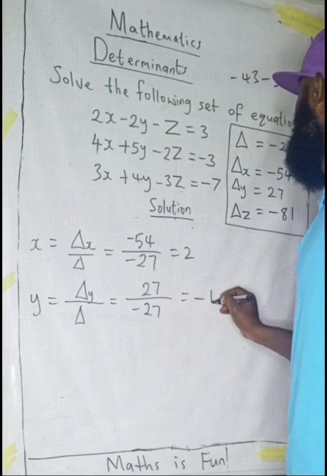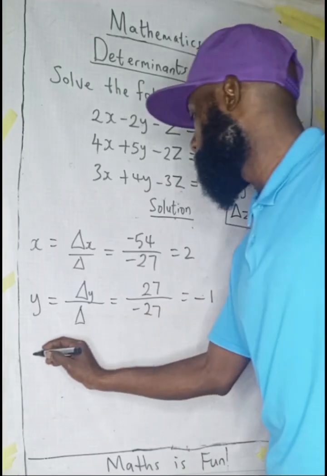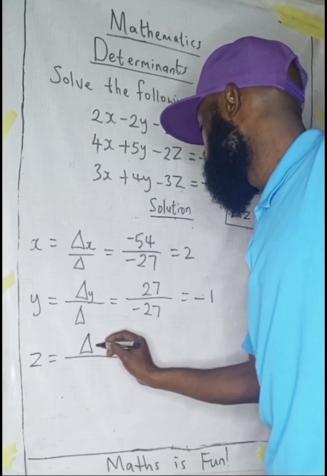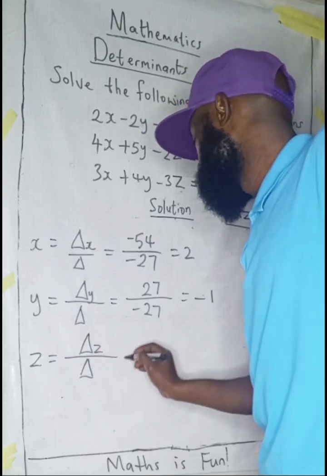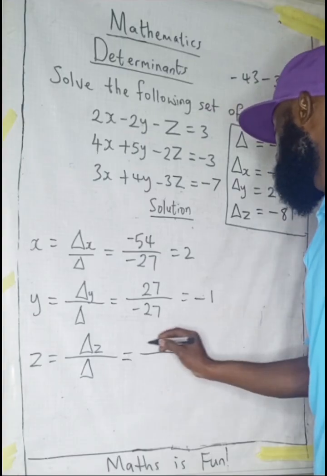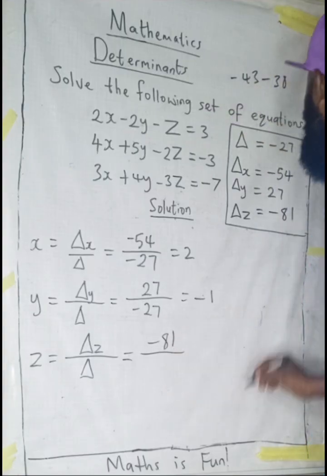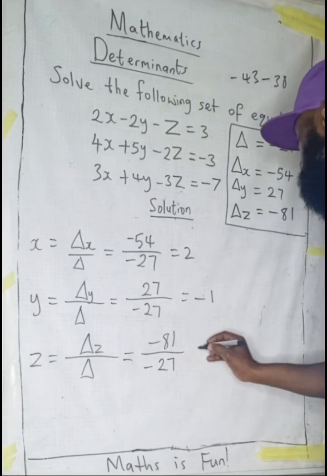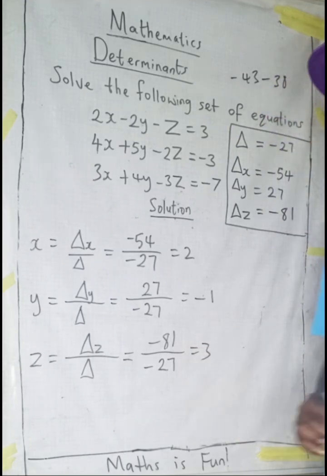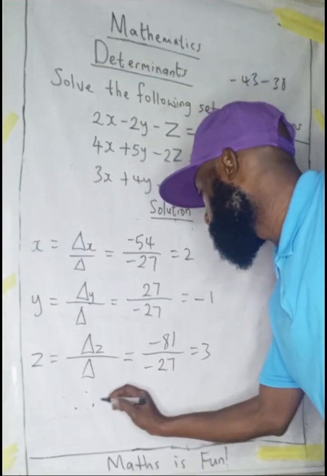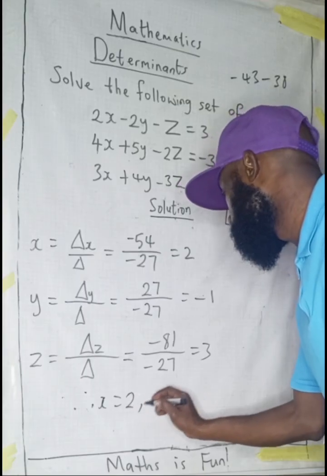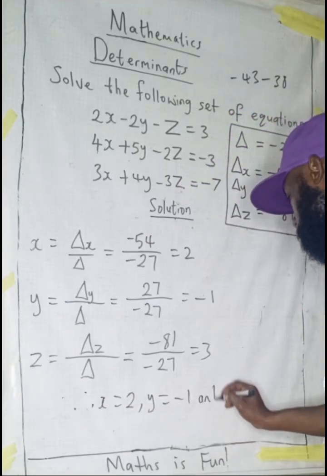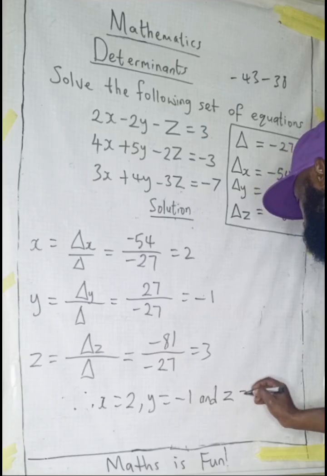That's minus 1. Then Z will be what? Delta Z over delta, which is minus 81 over minus 27, which is equal to 3. Therefore, X equal to 2, Y is equal to negative 1, and what? Z is equal to 3.